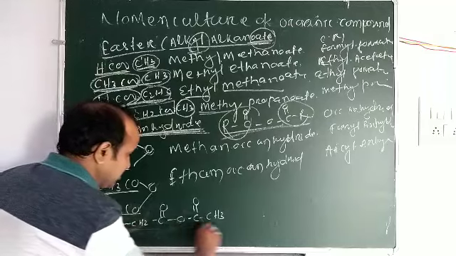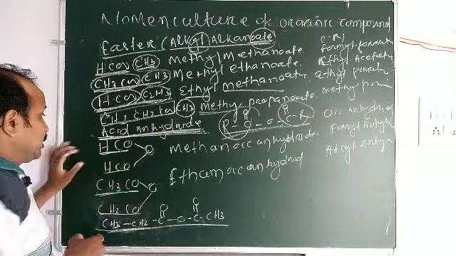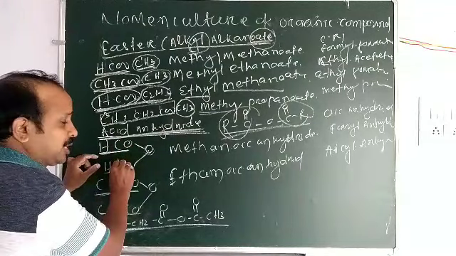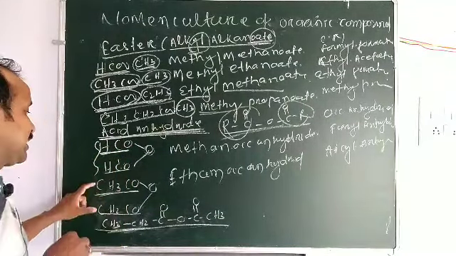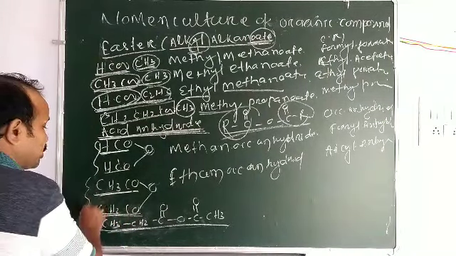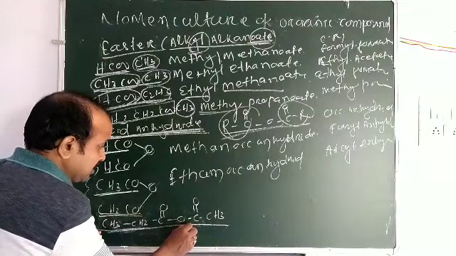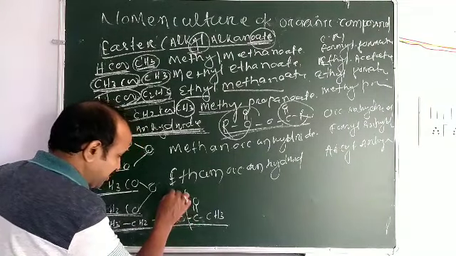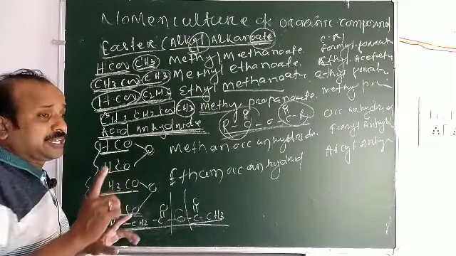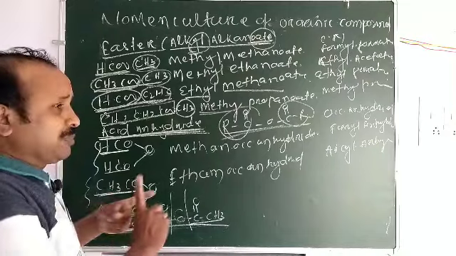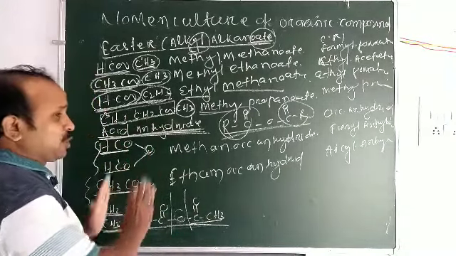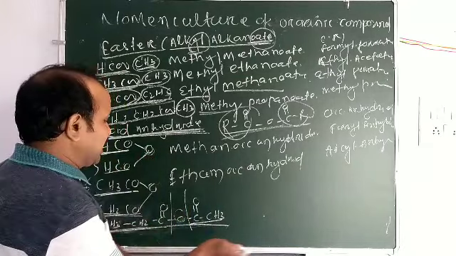Here you look, this is the most important thing. In this anhydride, both parts are the same. Here is one carbon, here is also one carbon, so this is symmetric in nature. In this one, 2 carbons and 2 carbons, that is also symmetric. But in this case, here is O, so this one is one part, this one is another part. This is only 2 carbons, this is 3 carbons, meaning unsymmetric. When it is an unsymmetric acid anhydride compound, you name both acid groups.